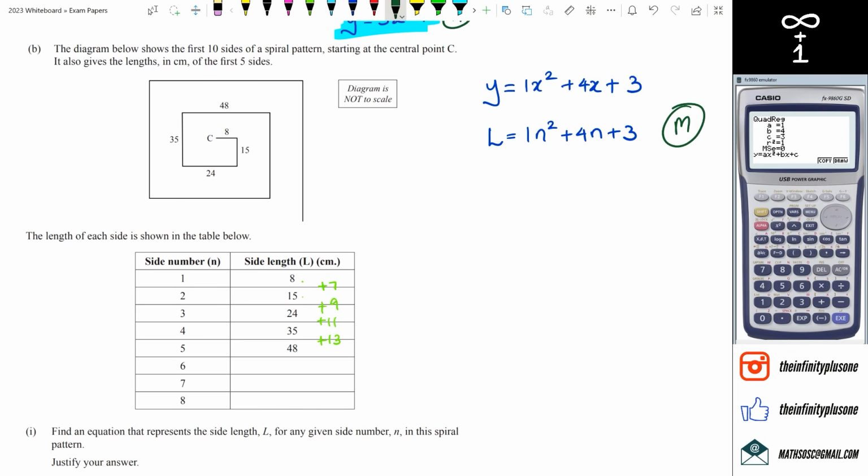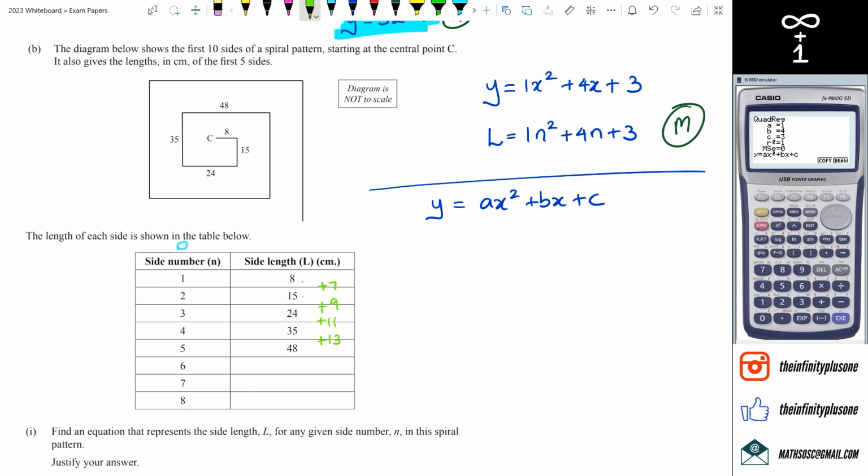So how do we do this question if we were to do this without a graphics calculator? The first thing to realize is that you're going to have y equals ax squared plus bx plus c. We can figure out what the c value is, because if we go backwards in this table, and say we have the number 0, we're not looking at the sides, just the numbers.